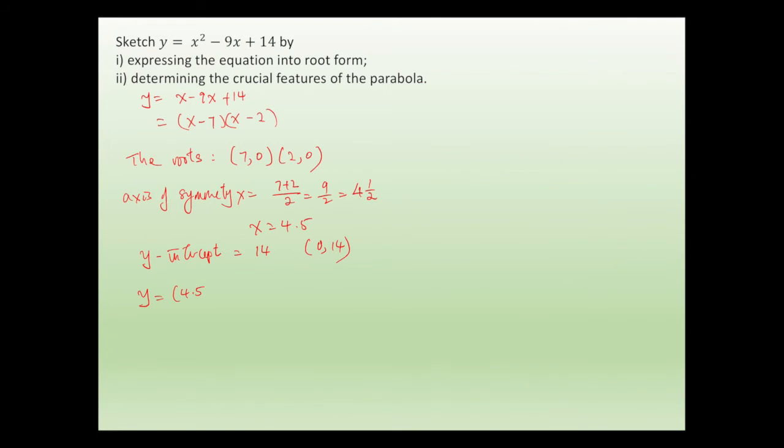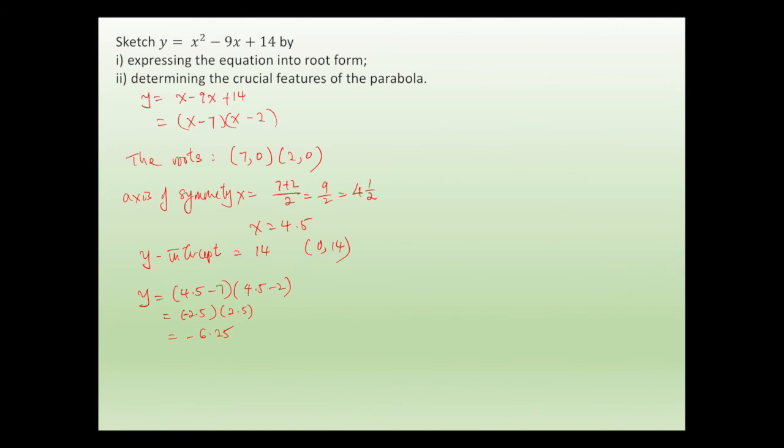Y equals 4.5 minus 7 times 4.5 minus 2, which is minus 2.5 times 2.5. So therefore, that is minus 6.25. All right. So that's how you do it.